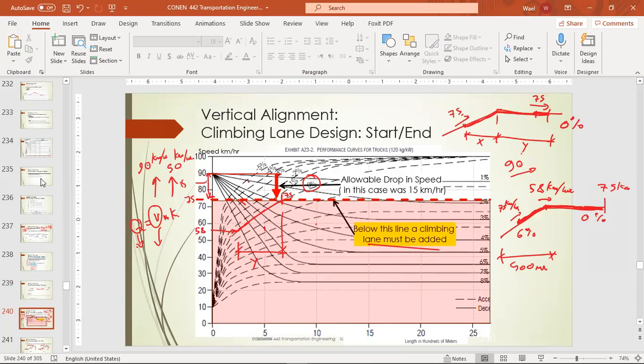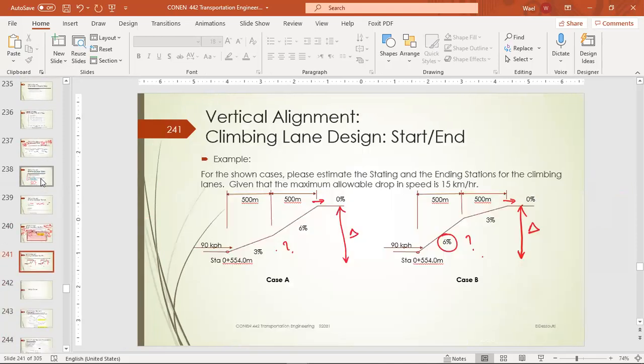Above this line, we don't need climbing lanes for trucks. We showed here that the sequence of grades affects the performance. Even though both are the same, here we have 3%, 6%, and we demonstrated that the exit speed here will be significantly lower than here.